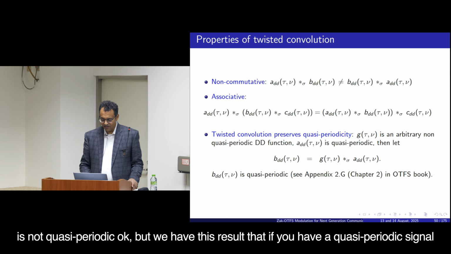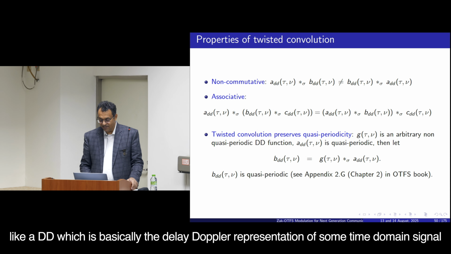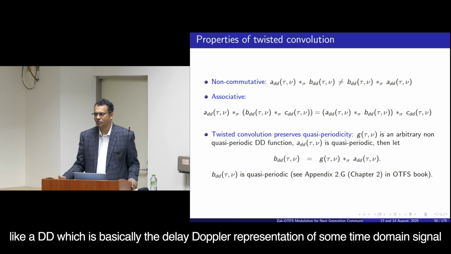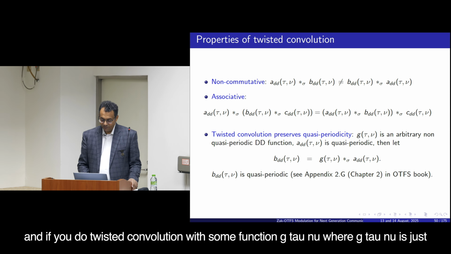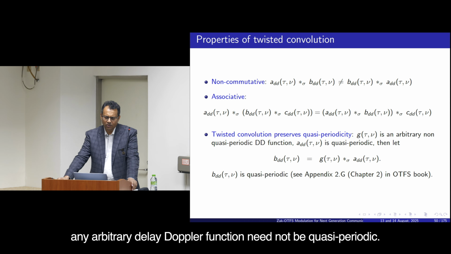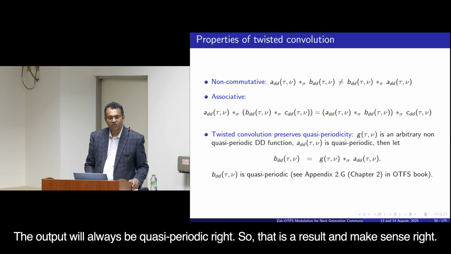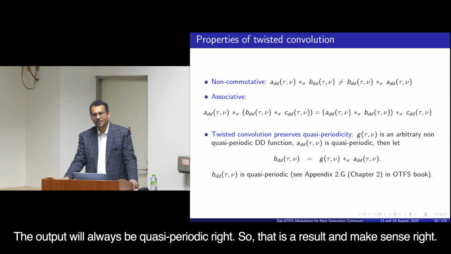But we have this result that if you have a quasi-periodic signal like XDD, which is basically the delay-Doppler representation of some time domain signal, and if you do twisted convolution with some function g tau nu, where g tau nu is just any arbitrary delay-Doppler function, it need not be quasi-periodic, the output will always be quasi-periodic, right. So that is the result, okay.